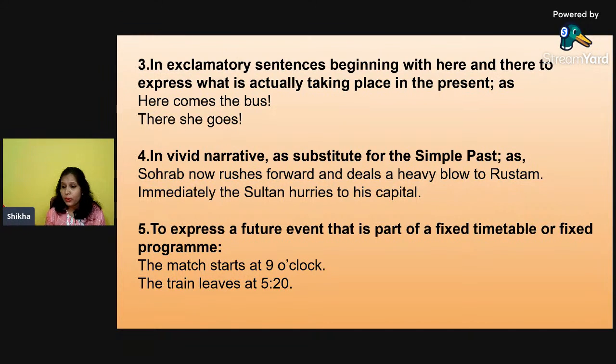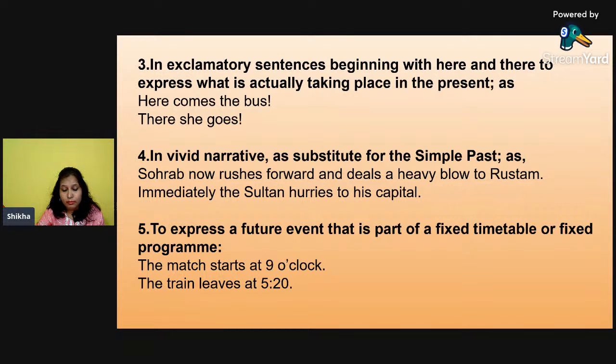Fourth, when we are doing deep narration about something. And fifth, when we are talking about something which has a fixed timetable or fixed program. Yes, so I hope you understood the simple present tense.